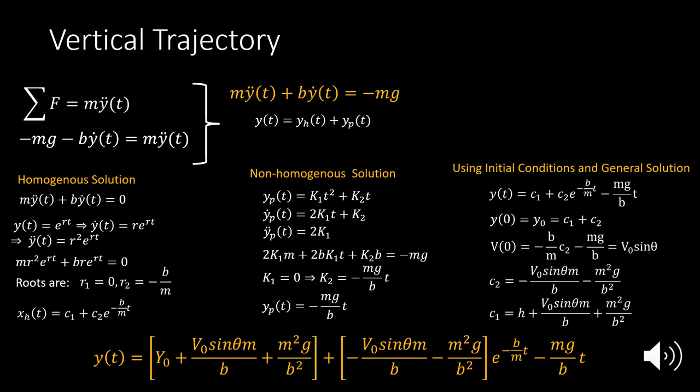The general solution becomes y of t is equal to c1 plus c2 e to the negative bt over m minus mgt over b. Using the initial conditions, including the initial velocity, attack angle, and the initial height, the final solution that gives us the vertical components of the particle is as shown in equation 2.